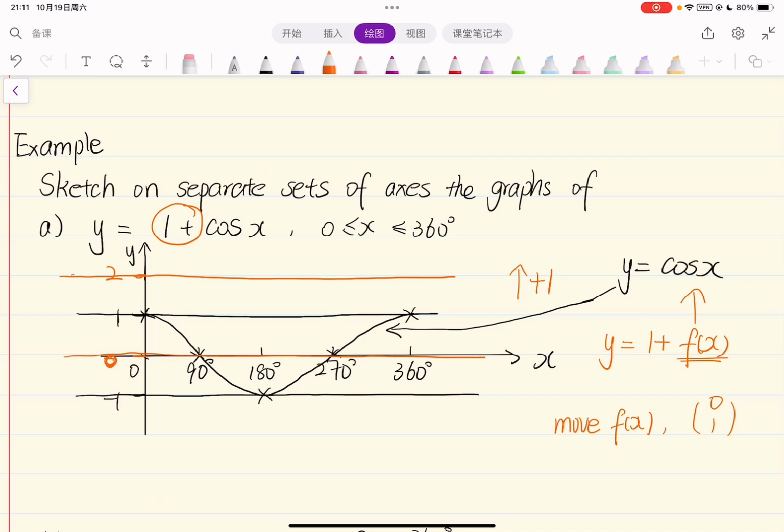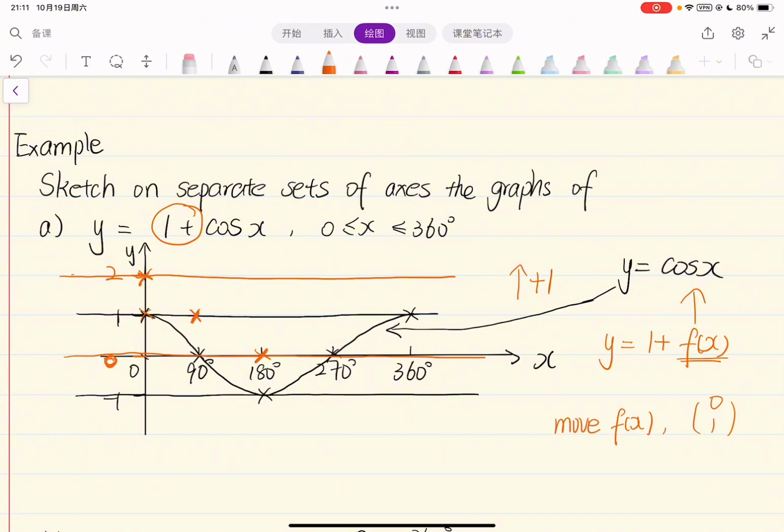Now let's move up. When x equals 0, 1 plus 1 is 2. For 90 degrees, y equals 0, so 0 plus 1 is 1. When x equals 180 degrees, y equals minus 1 plus 1, that is 0.